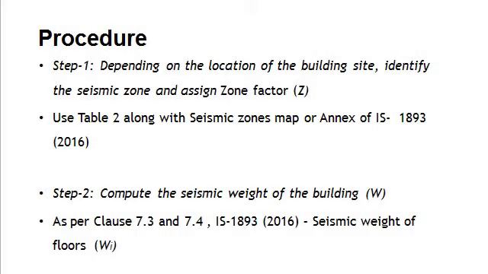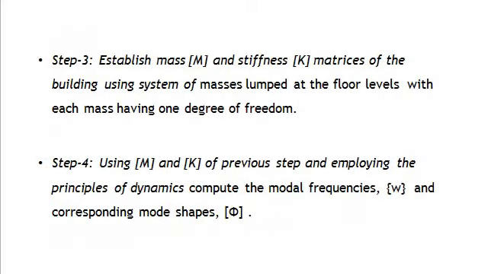Seismic weight of the floors will be calculated afterwards. After that, we establish mass and stiffness matrices of the building using a system of masses lumped at the floor levels, with each mass having 1 degree of freedom.